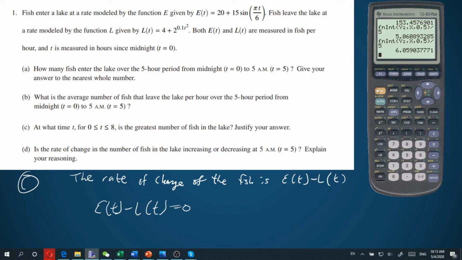So we'll graph that then. I want to know when y1 minus y2 will equal 0. We only care about from 0 to 8, so I'm going to reduce our window just a little bit.